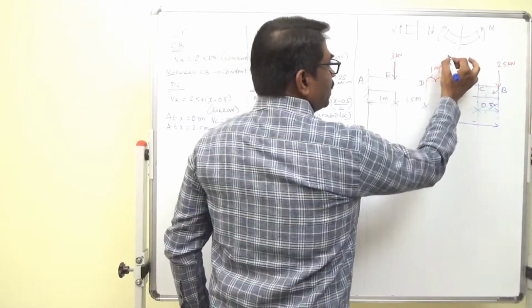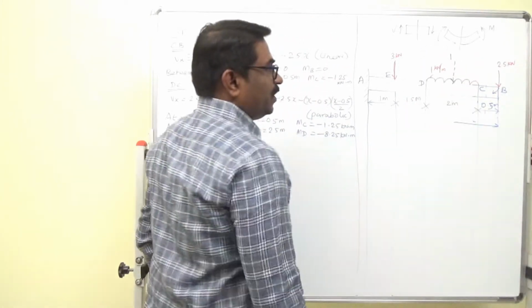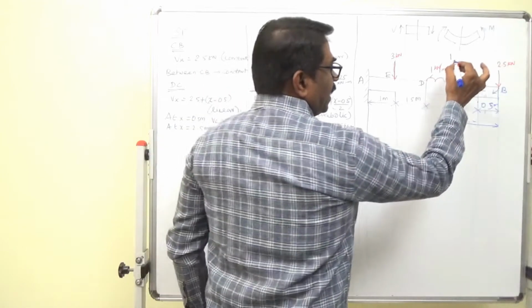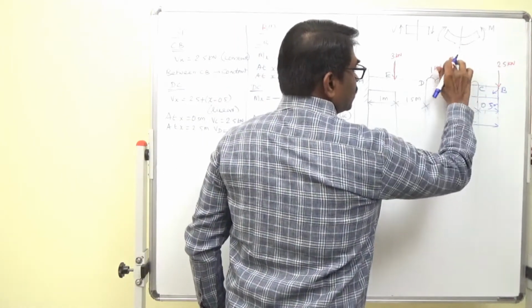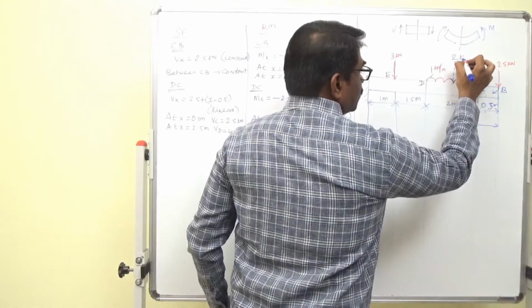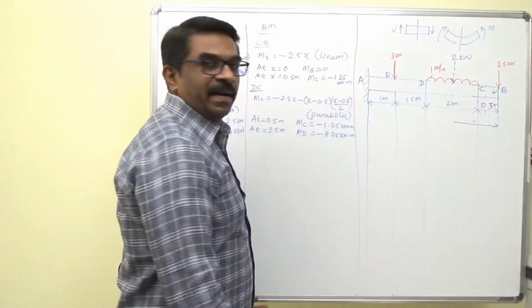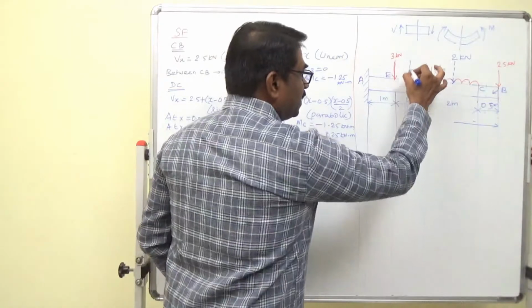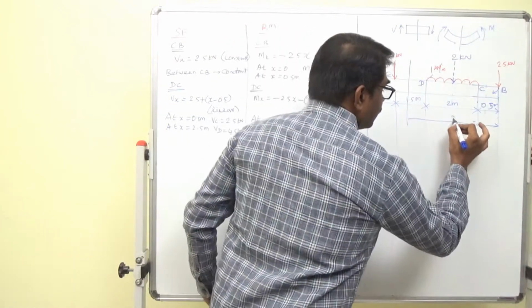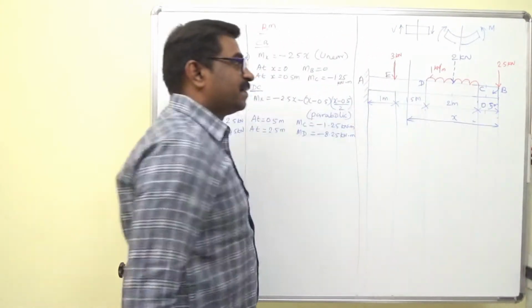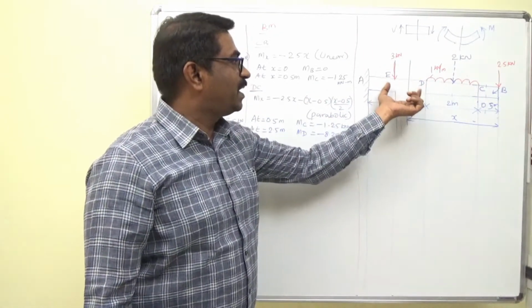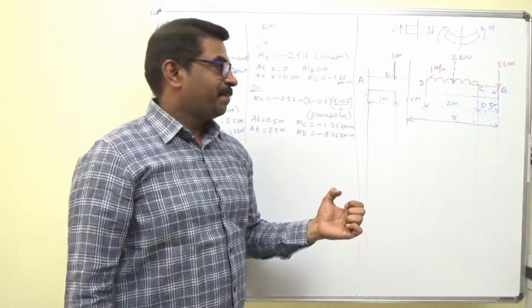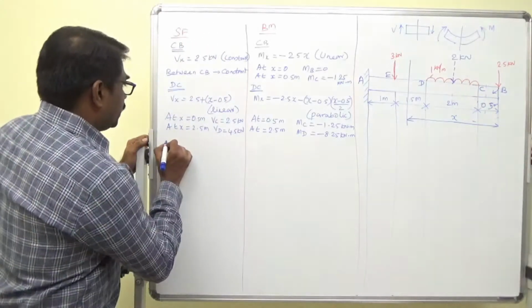One is the UDL and 2 is the distance, so 1 into 2 is 2 kilonewton. I am passing a section here and taking x. Now I want to find the shear force and bending moment between ED.